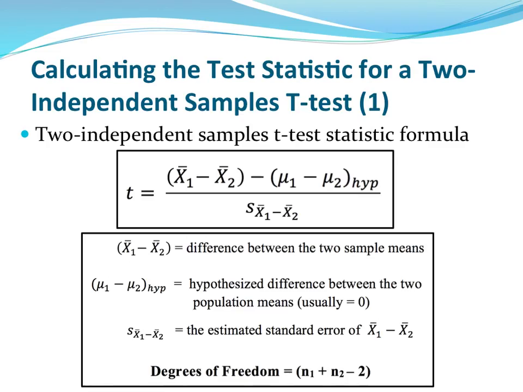Now let's look at the formula for finding the test statistic in a two independent samples t-test. Our formula for t is x bar 1, the sample mean from the group you have designated as 1, minus x bar 2, the sample mean from the other group, minus mu1 minus mu2, the hypothesized population mean difference, over the estimated standard error of the difference between x bar 1 and x bar 2.